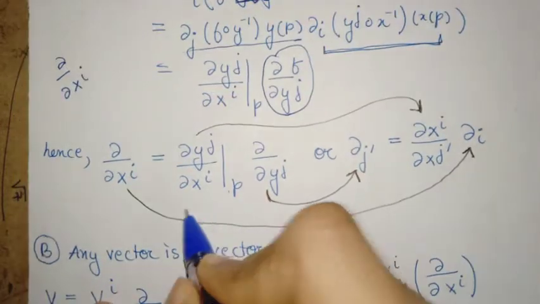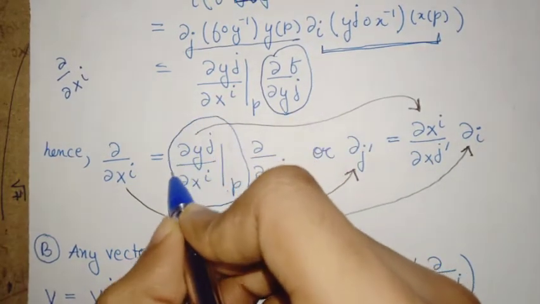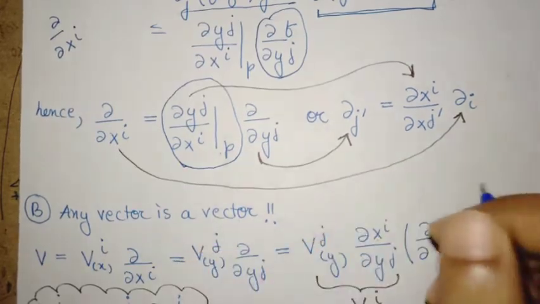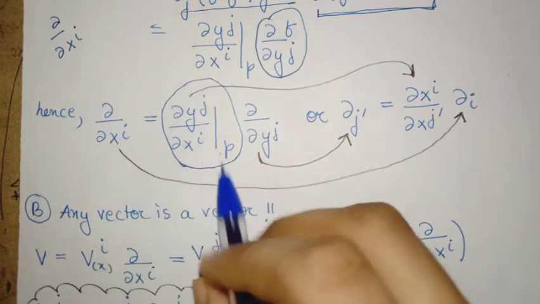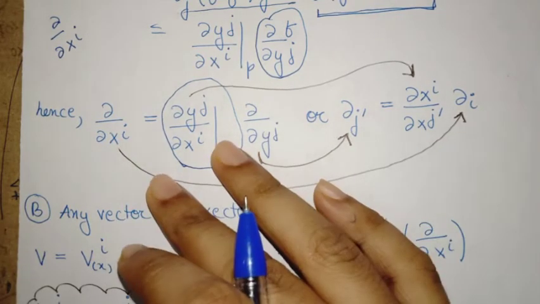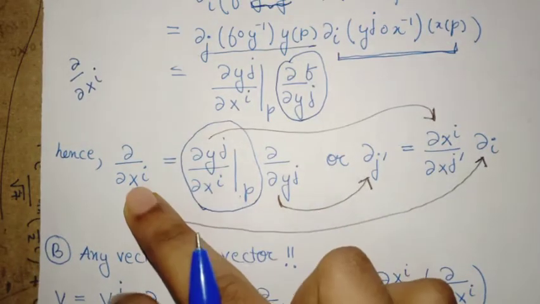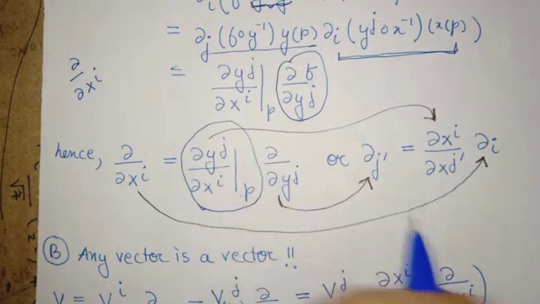This is the very Jacobian that we are generally used to in most of the physics problems of coordinate transformations. So that is quite obvious that it will show up, because this is the more fundamental definition of why two different basis sets are connected by a Jacobian.